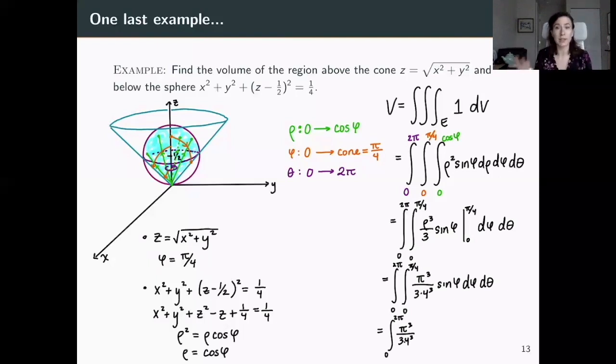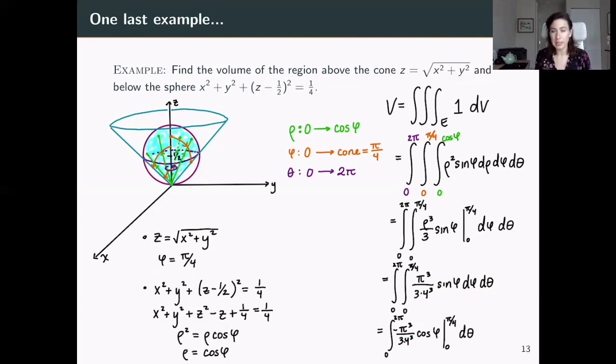The antiderivative of sine phi in terms of phi is going to be negative cos of phi, and we're evaluating that from 0 to pi over 4. And then we'll have our d theta. From here, it's just a little bit more calculus to get to our final answer.